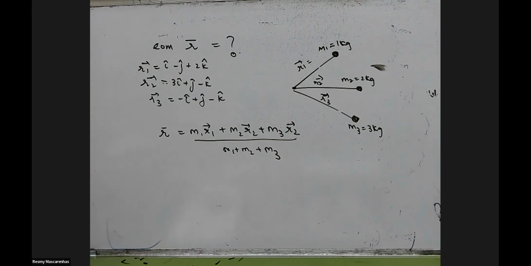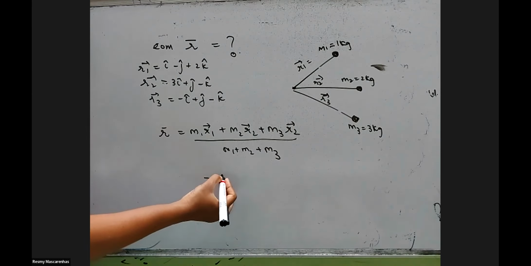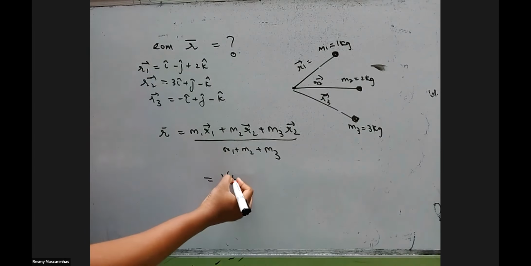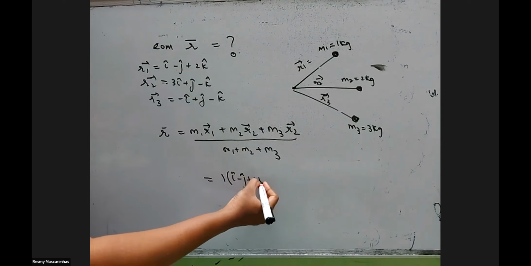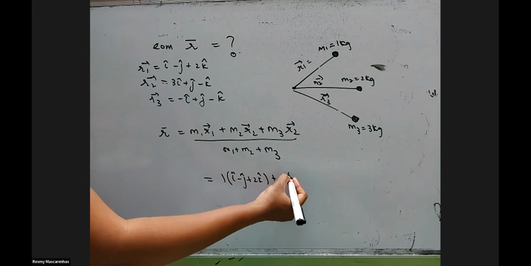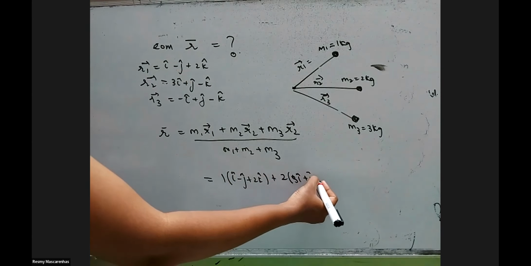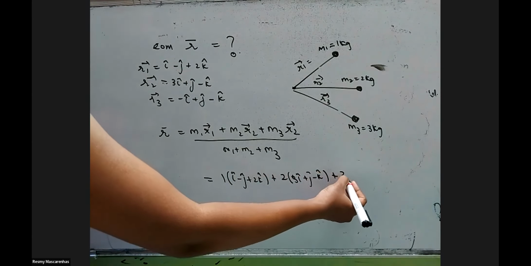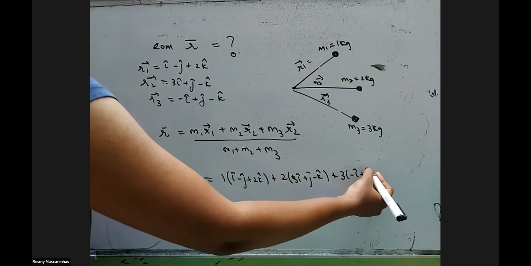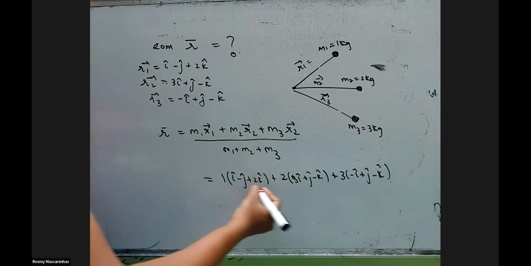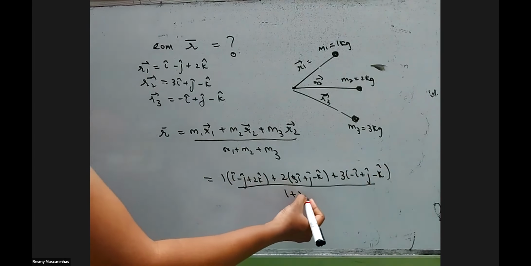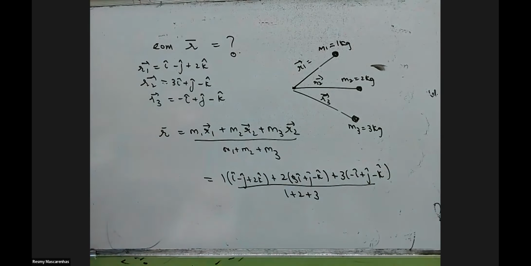So just substitute the values. M1 is 1 kg, R1 is this, M2 is 2 kg, M3 is 3 kg, this will be 2 plus 3 kg.